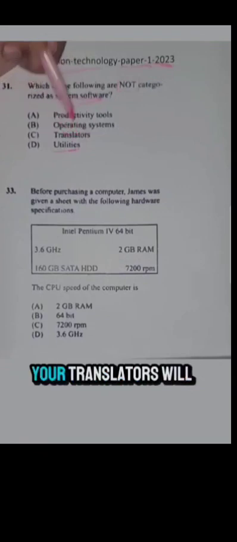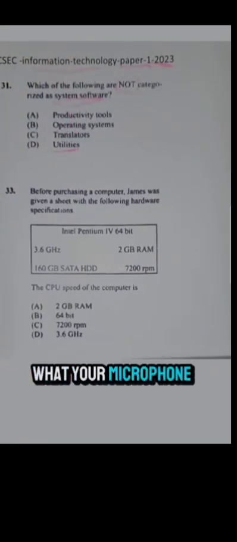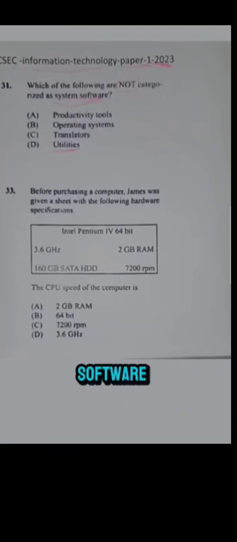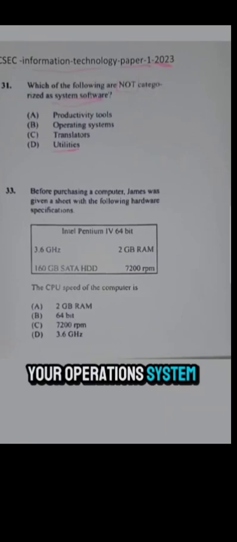Your translators will tell what your microphone and your speakers should do. Your operating system, well, that's the foundation of system software. Your operating system tells the BIOS what to do, your RAM, your ROM, everything, all hardware, what to do.